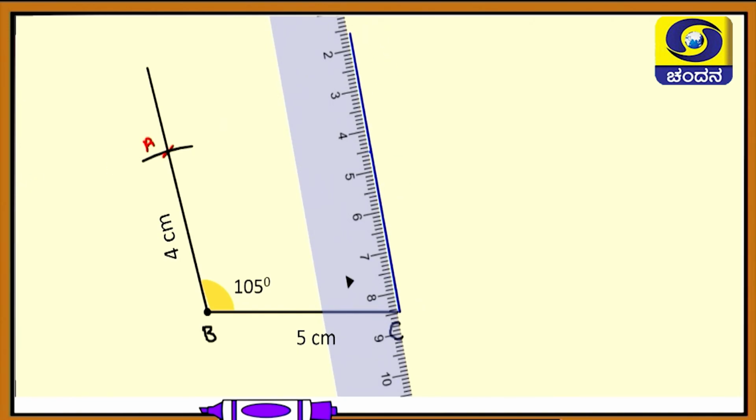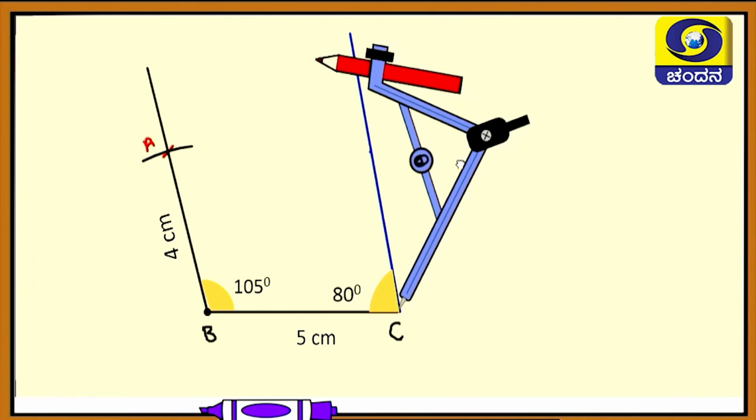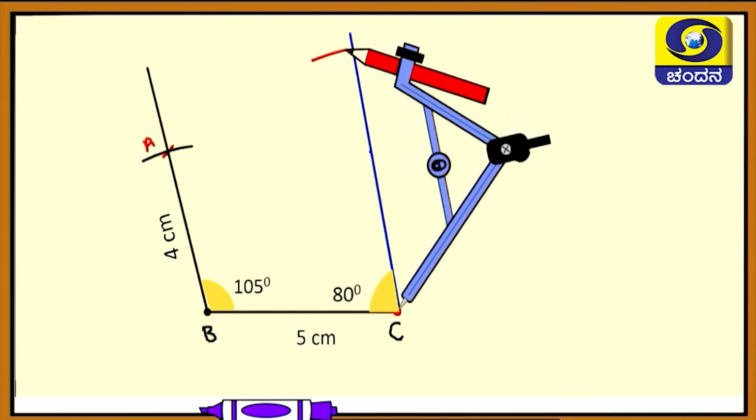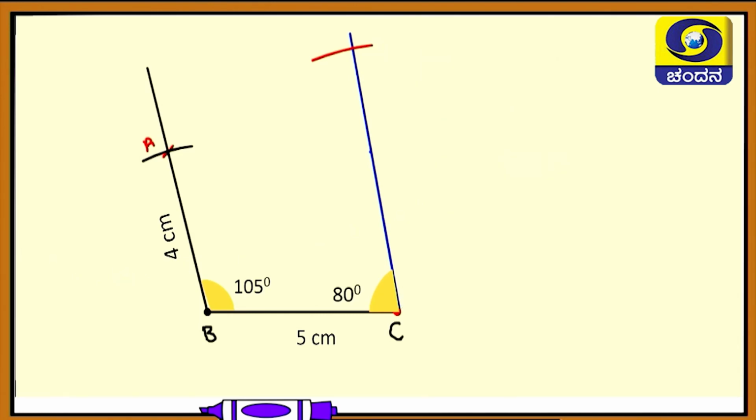Now with the help of a pair of compasses, I am taking 6.5 centimeter as radius and cutting that marked line from point C. Now I will identify the intersection point here, children. That intersection point I am giving the name D.